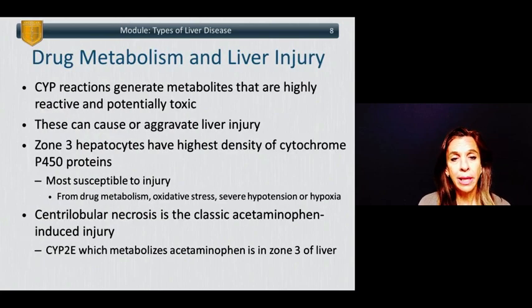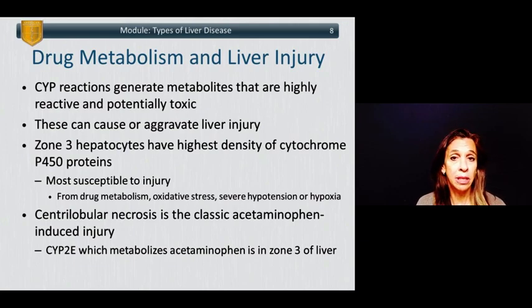So let's talk a little bit about drug metabolism and liver injury. The CYP or cytochrome P450 reactions generate metabolites that are highly reactive and potentially toxic. These can cause or aggravate liver injury. Zone 3 hepatocytes have the highest density of cytochrome P450 proteins and are the most susceptible to injury.